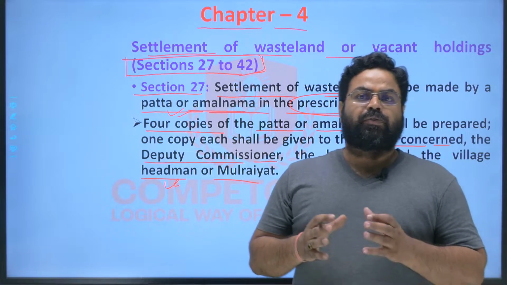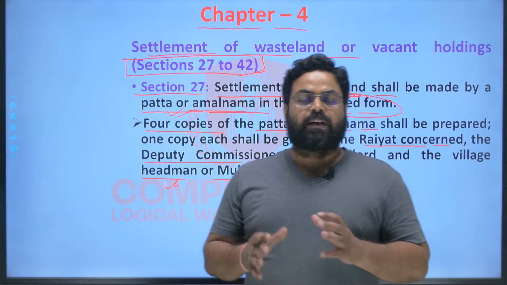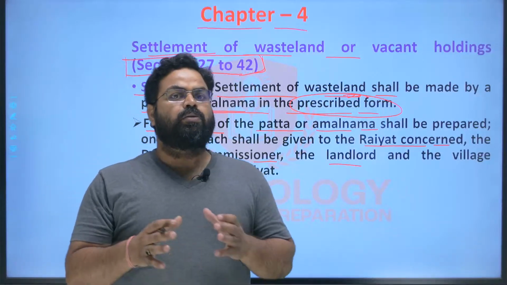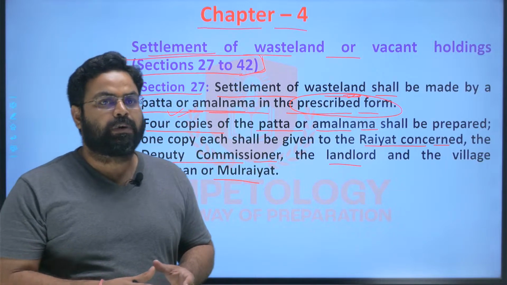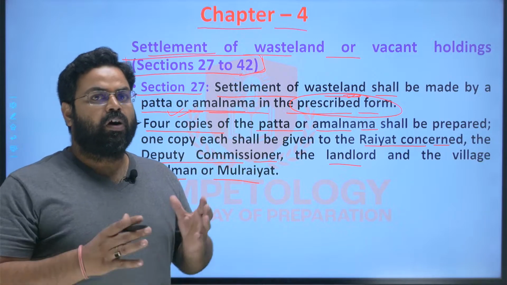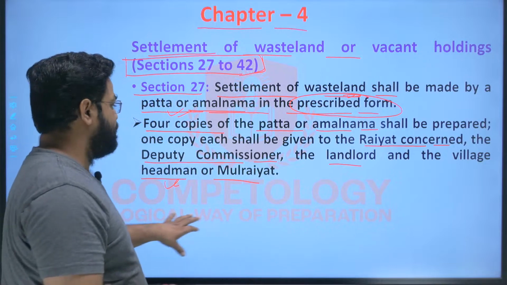So this is to inform all the related authorities, as well as the rayat who is getting the wasteland, that this land is now not vacant land or wasteland, but the ownership or cultivation rights of this land is being given to a particular rayat, right?